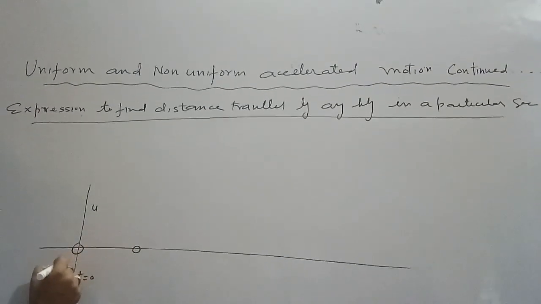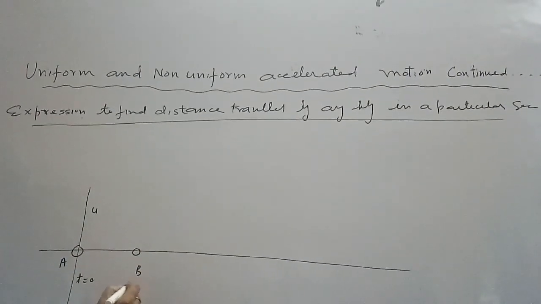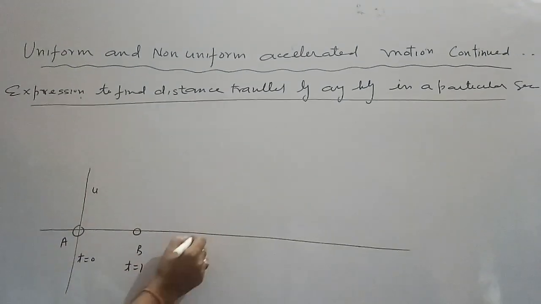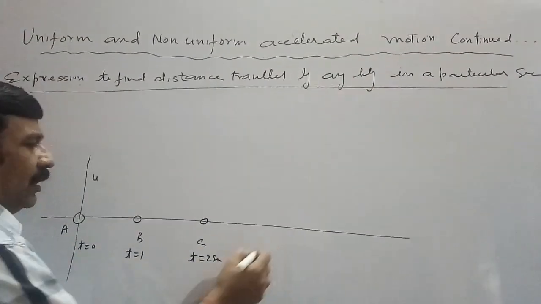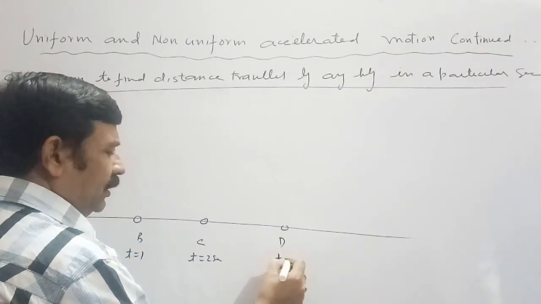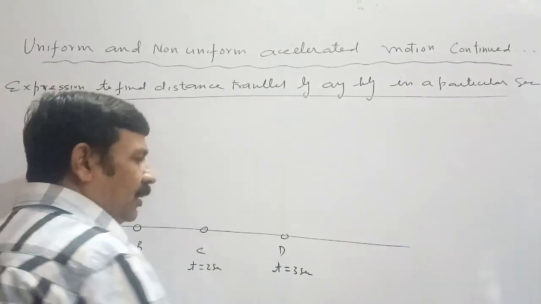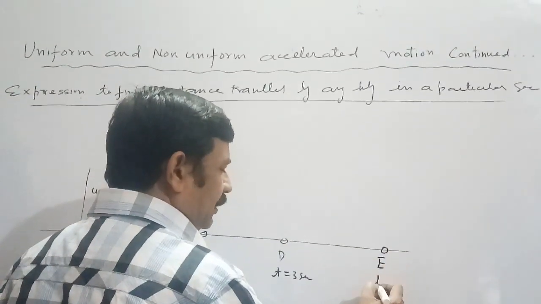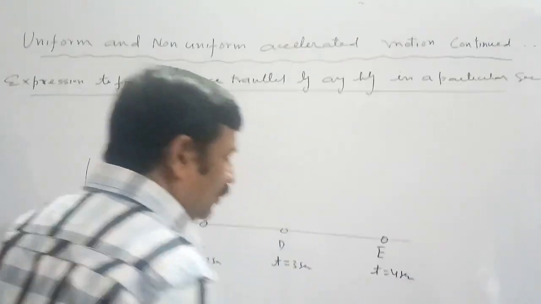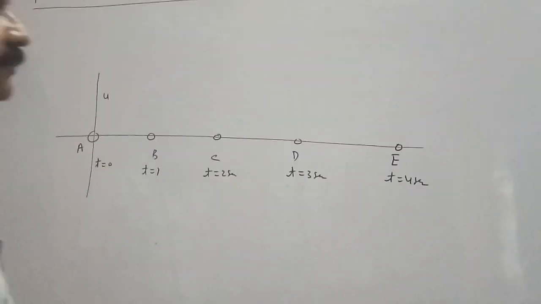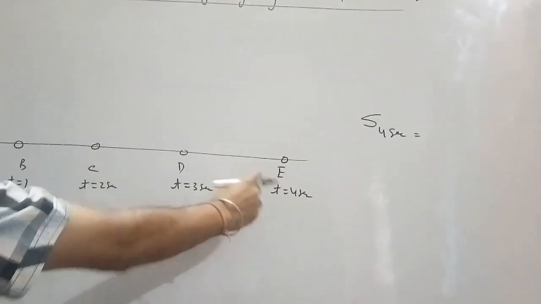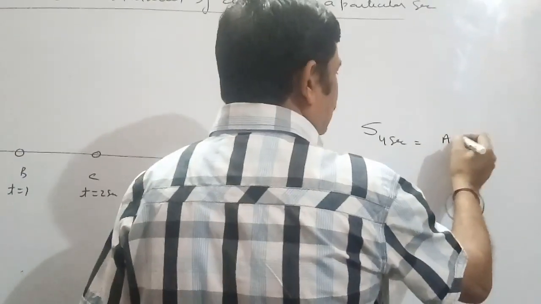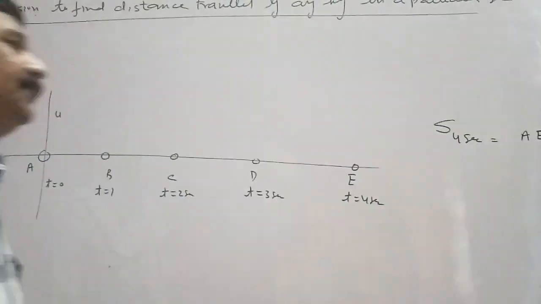After 1 second, the body reaches B. After 2 seconds, the body reaches C. After 3 seconds, the body reaches D. After 4 seconds, the body reaches E. So if one asks how much distance the body travels in 4 seconds, you should say AE is the distance which is traveled by the body in 4 seconds.